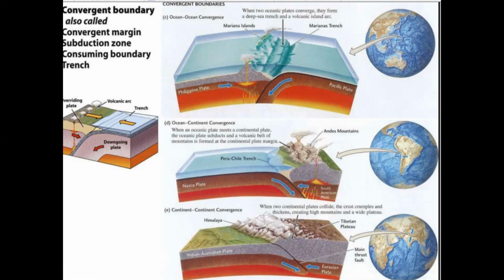If these two are moving toward each other, what would happen is that if they are both continental, they are of the same density, and as a result, they would basically push up and form mountains, right?